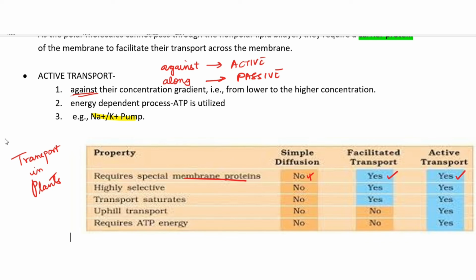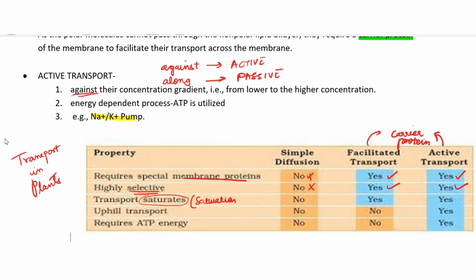Simple diffusion is not at all selective, whereas facilitated transport and active transport are very much selective in nature. It is selective on the different membrane proteins, the different substances, the different molecules it transports across. Does this transport saturate? No, it does not saturate in simple diffusion.